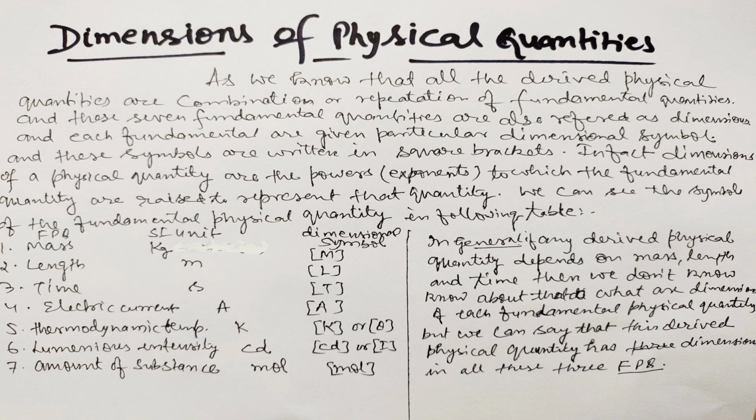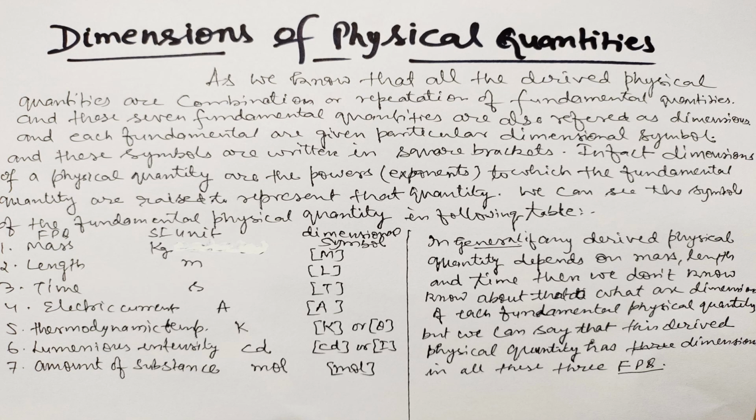Out of these seven, whichever physical quantities are included in that derived physical quantity, if three are included, then we will say that it has three dimensions of the fundamental physical quantities.